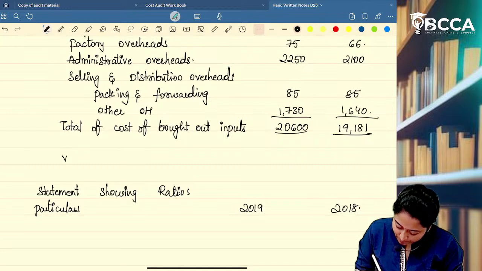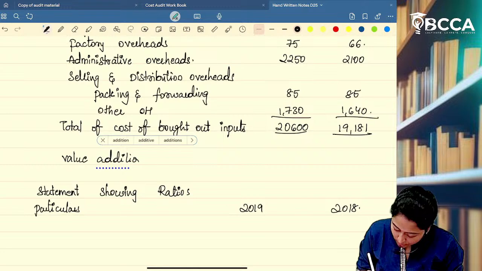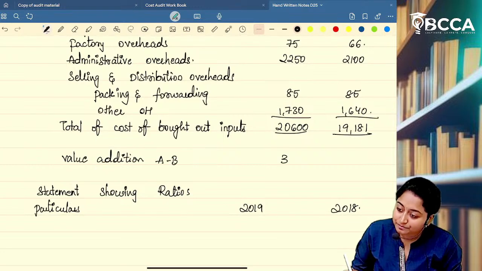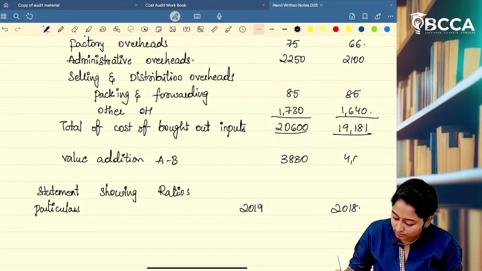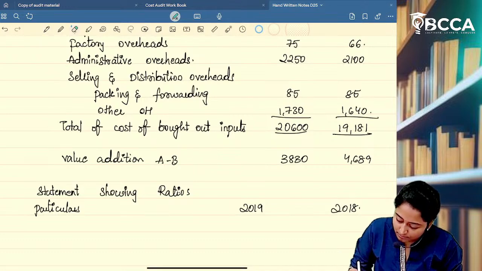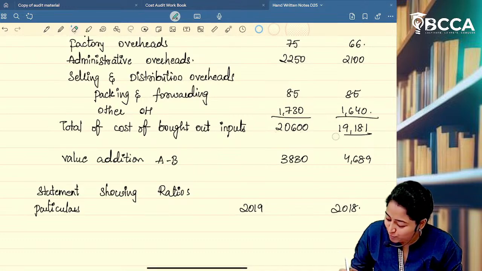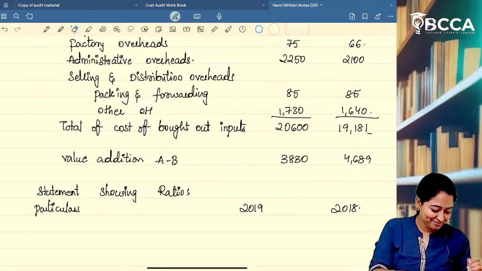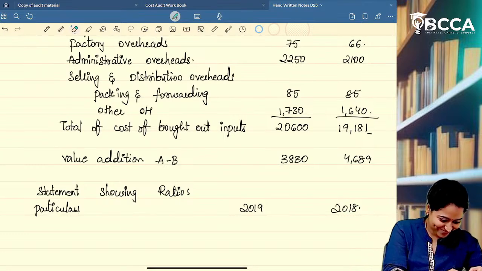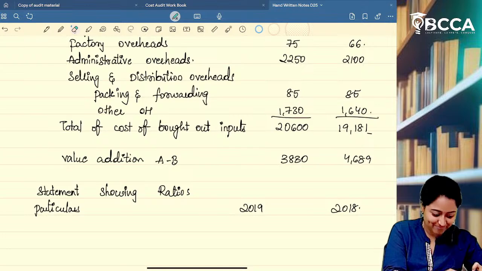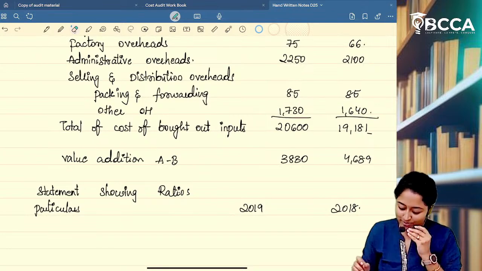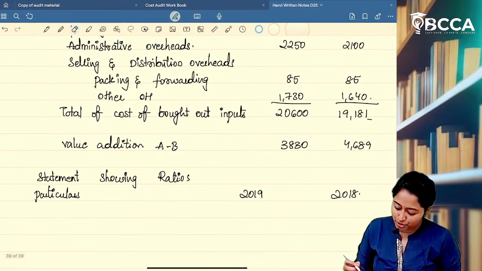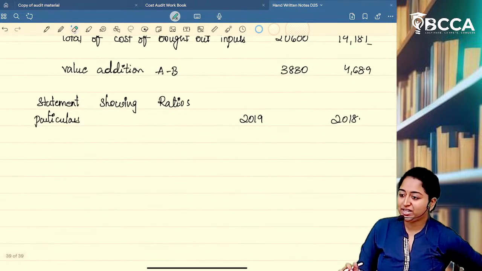Now, value addition, A minus B, 3000, and here it is. Okay. Now, statement showing ratios, particulars 2019 and 2018.